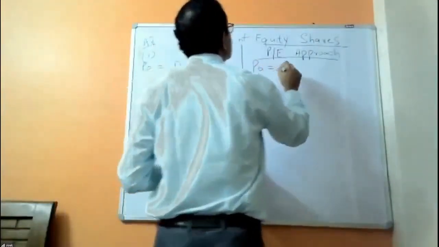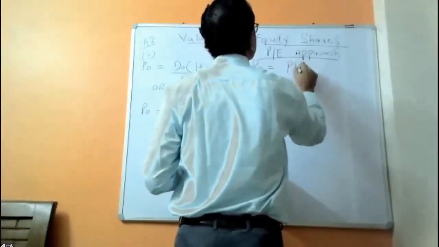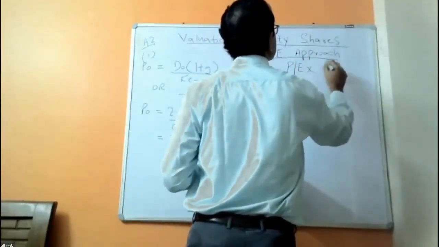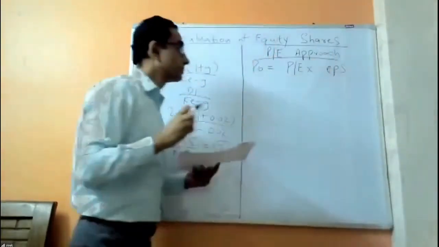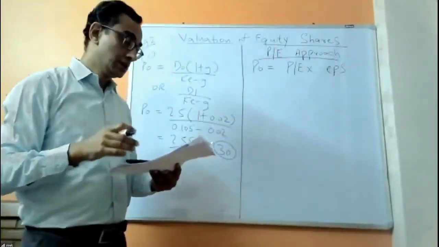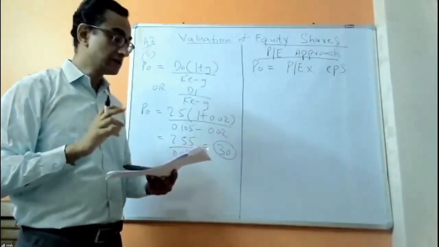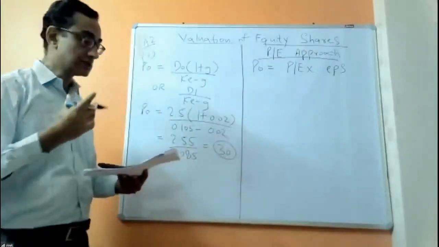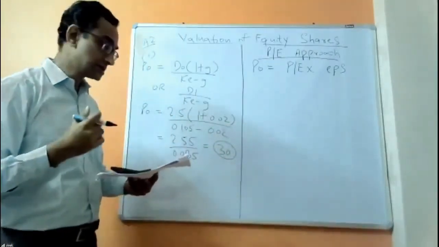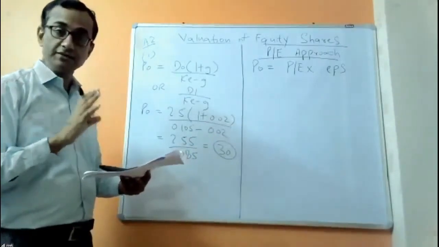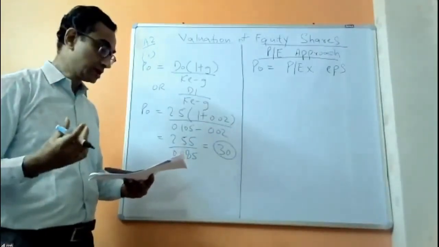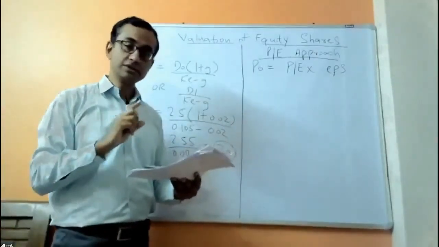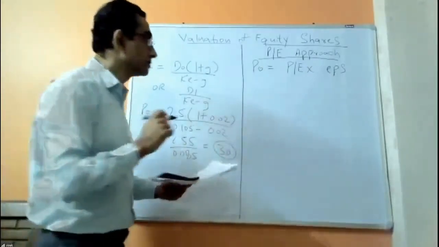P0 is equal to price earning multiple multiplied by the earning per share. So in this question, the EPS figure is given, but the price earning multiple is not given. So you have to calculate the price earning multiple. How it will be calculated? Let us see what figures are there on the basis of which the price earning multiple can be calculated. The one figure which is given is return on equity. So on the basis of this return on equity, you can calculate the price earning multiple.